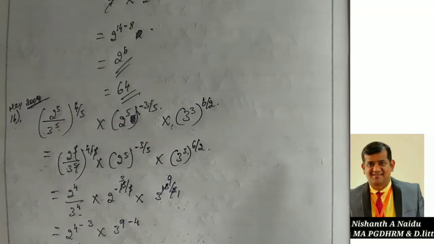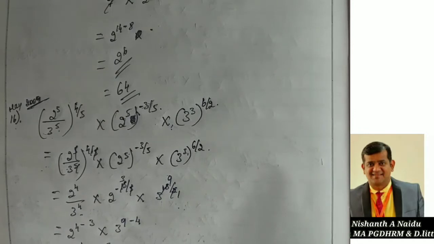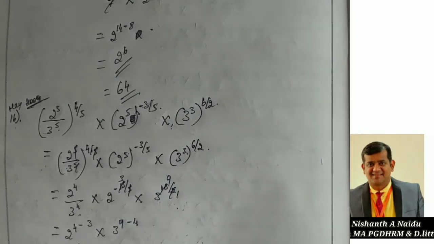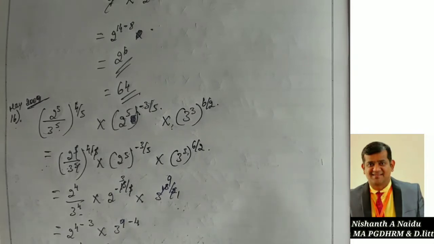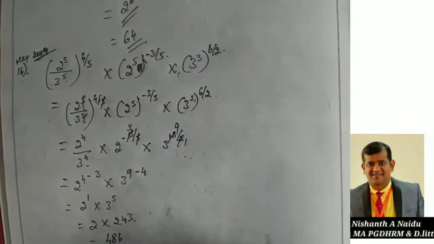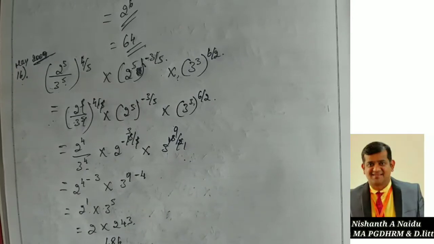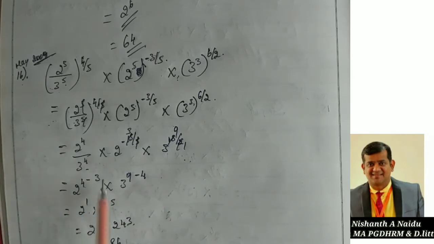Check out. 3 to the power of 5: 3, 9, 27, 81, 243. So 243. So 2 into 243 is 486. So that's all.